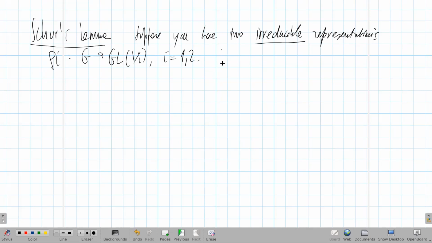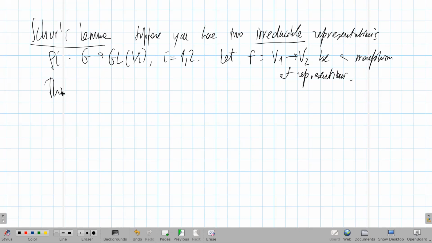Let F from V1 to V2 be a morphism of representations. Then there are only two possibilities. Either F is 0, which means, of course, the map that sends everything to 0, or F is an isomorphism.